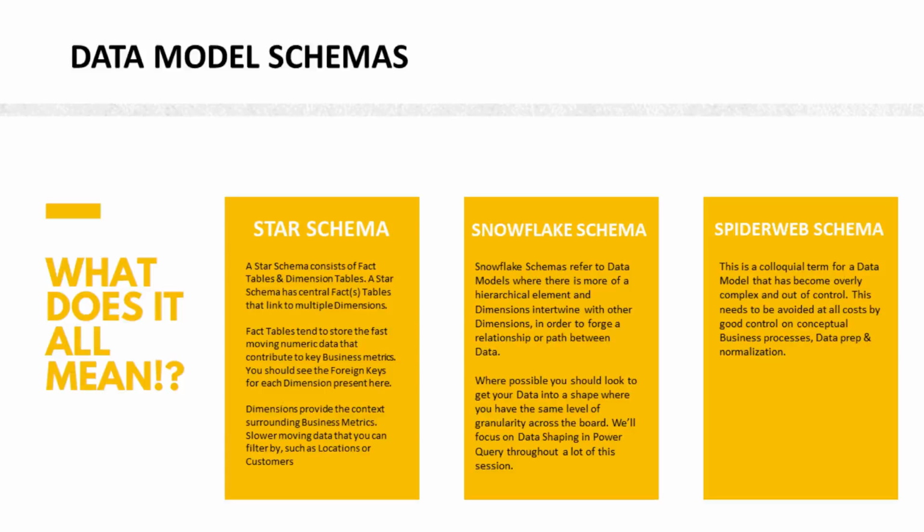But fact tables tend to store, in layman's terms, the fast-moving numeric data that will contribute to key business metrics. So, that may be things like sales or orders. Now, within the fact tables, it's quite easy to identify because you should see the foreign keys for each dimension present here.